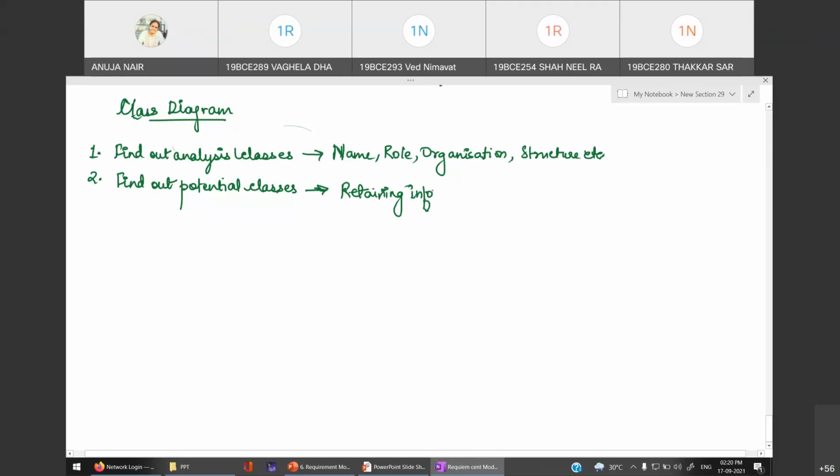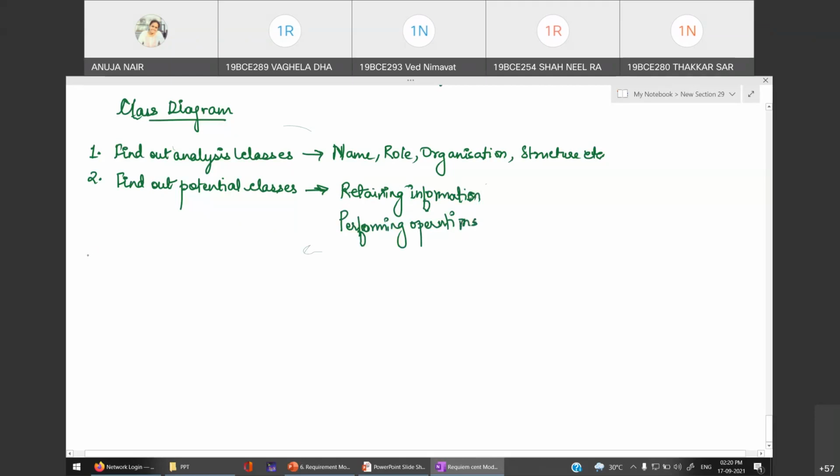And the other was, what was the second one? Performing some operations, right? Some operation is supposed to be performed. Then we consider them into classes.